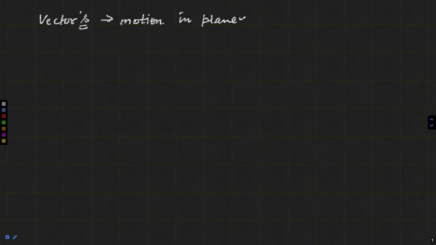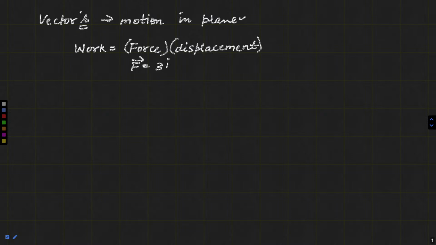So basically work is equal to force into displacement. Suppose we have a force F is equal to 3 i cap plus 2 j cap plus 3 k cap.